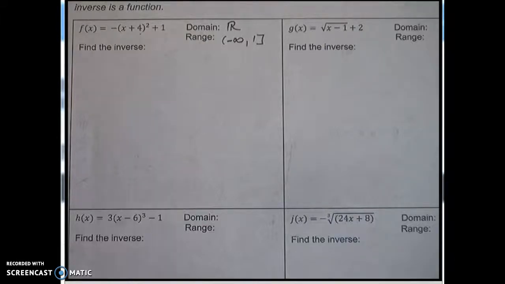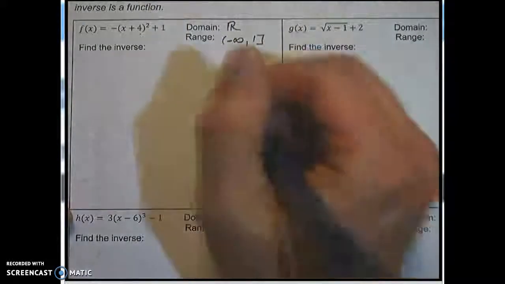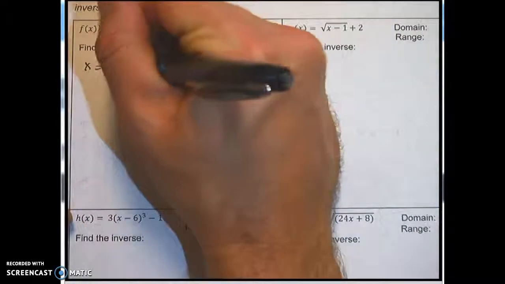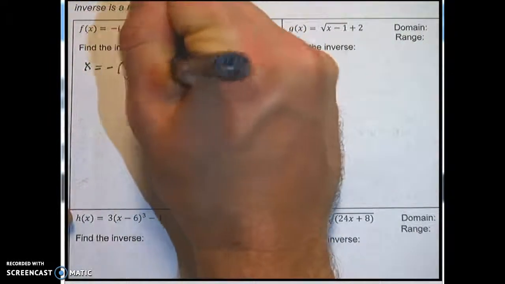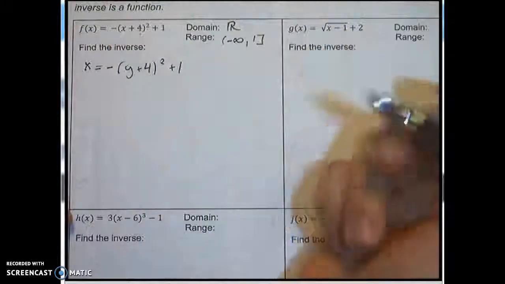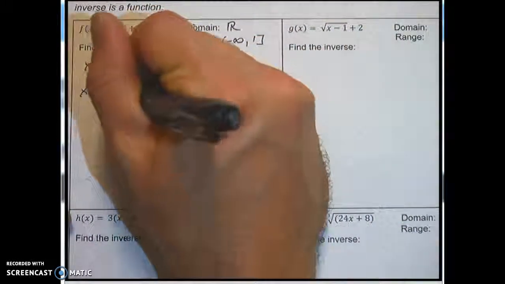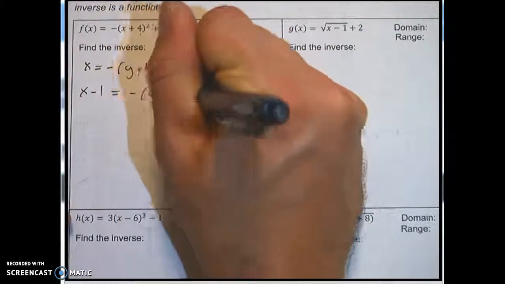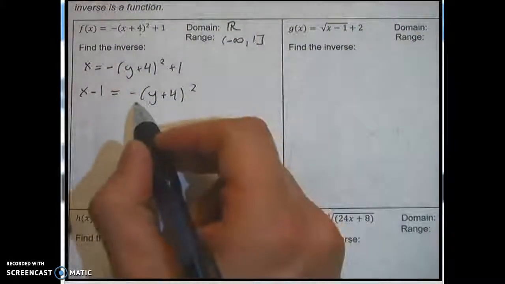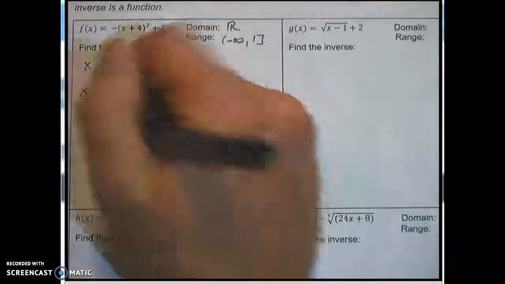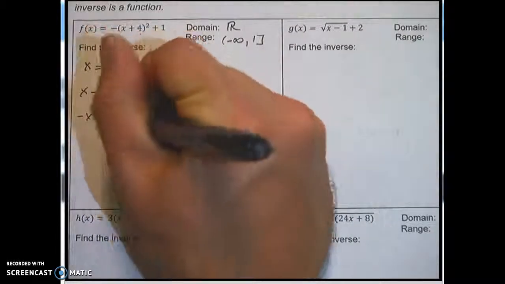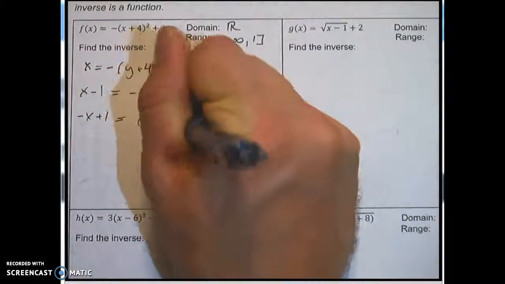So when we're finding the inverse, we're switching the x and the y. x equals negative (y plus 4) squared plus 1. I'm going to start by subtracting the 1. x minus 1 equals negative (y plus 4) squared. Get rid of the negative by multiplying both sides by negative 1. Negative x plus 1 equals (y plus 4) squared.